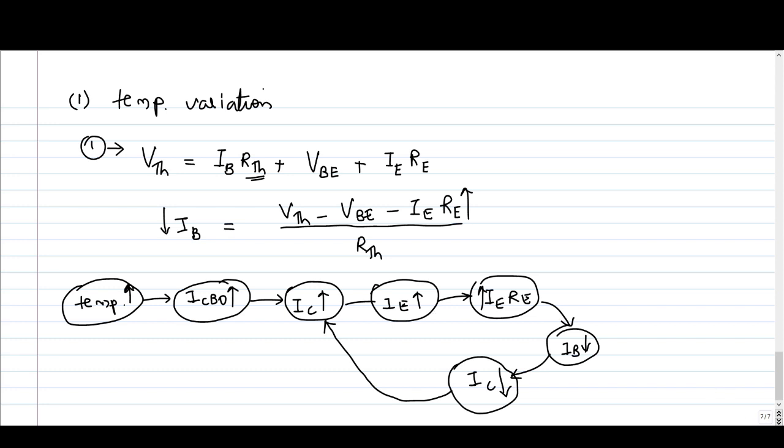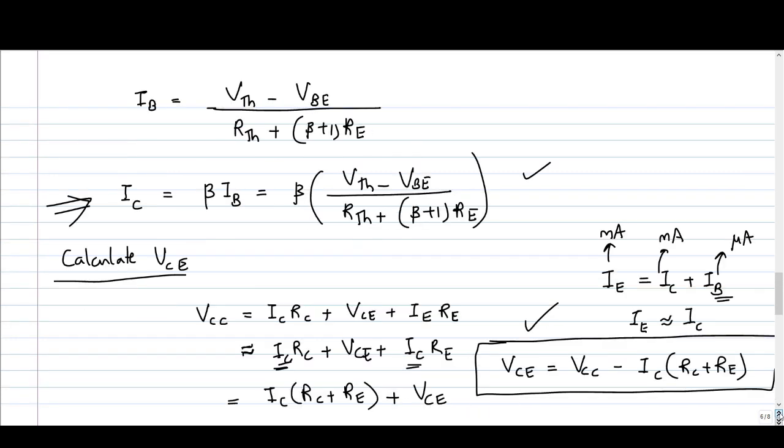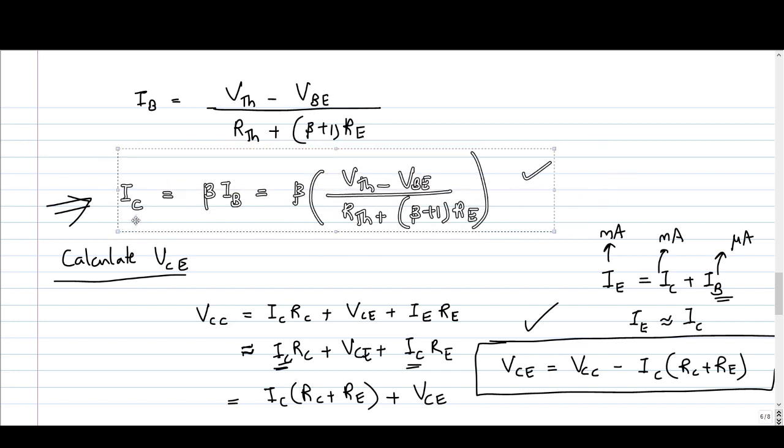Now we will observe the performance when beta changes. Second one, beta variation. So to do that, we need the expression for collector current. So we have already evaluated that. So collector current is IC equal to beta IB equal to this one. So let me copy that.